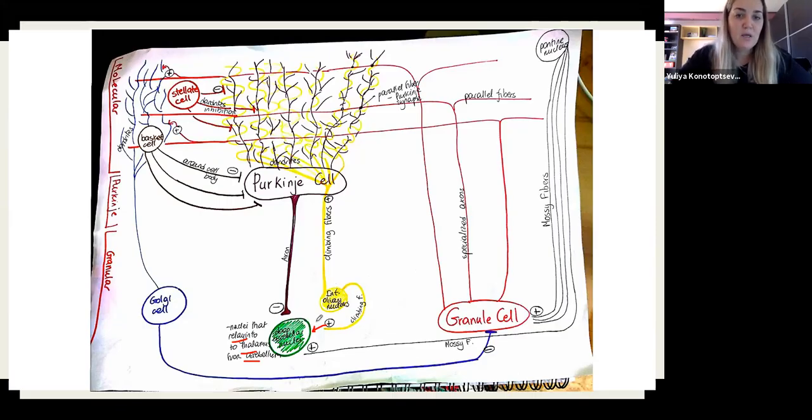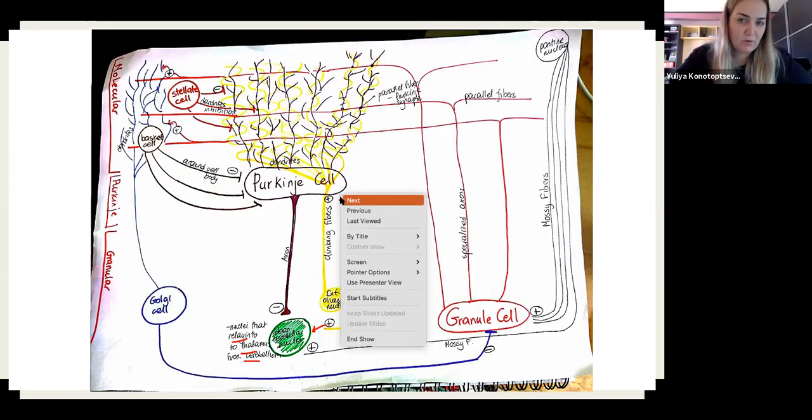Okay, climbing fibers, you can see they're going from the inferior olivary nucleus all the way to the deep cerebellar nuclei as well. But climbing fibers are called climbing not because of that, because you can see that some climbing fibers from the inferior olivary nucleus climb the dendrites of the Purkinje cell, right? You can see that they're interacting with the cell. Climbing fibers are excitatory, okay?